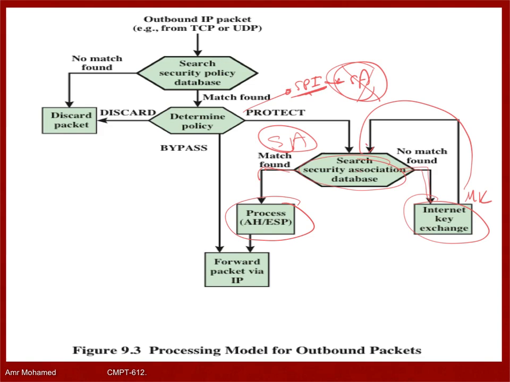When you try to create a tunnel, the policies get entered in the security policy database, and this has to be synchronized between the router at the beginning and the router at the end. Once this VPN tunnel is dismantled, the entries may change.